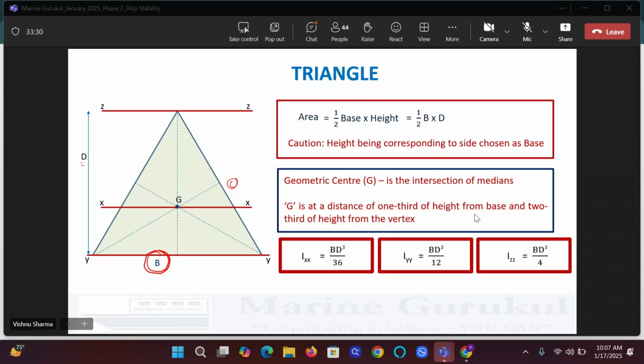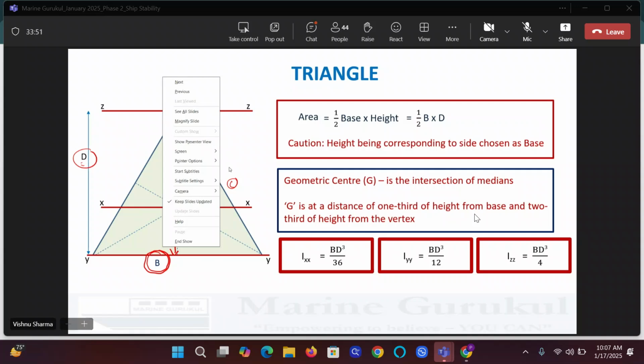D, sir. Very good. So the distance of the geometric center from base will be 1/3 of D, and its distance from the opposite vertex will be 2/3 of D. Understood?